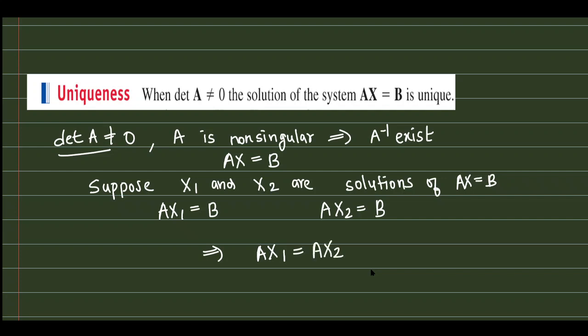Now A has an inverse because the determinant of A is not equal to 0, so A inverse exists. So we multiply both sides with its inverse. So we have A inverse Ax1 is equal to A inverse Ax2.